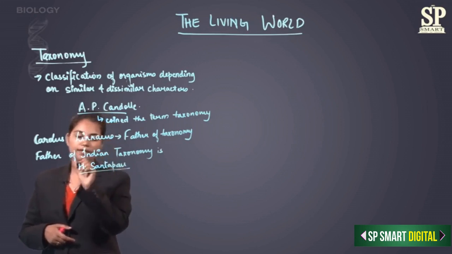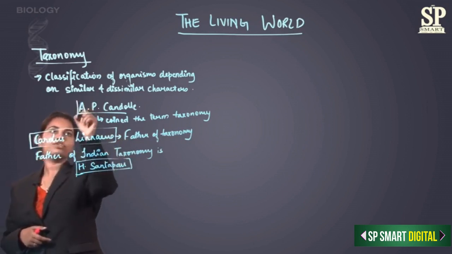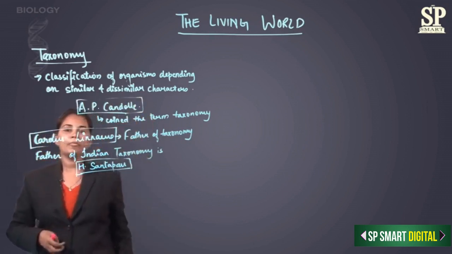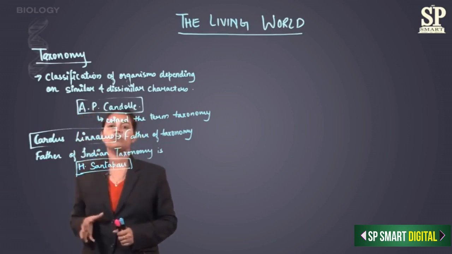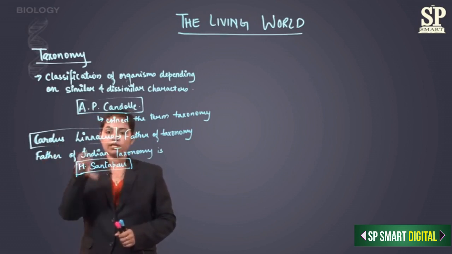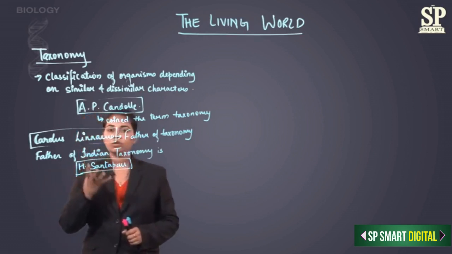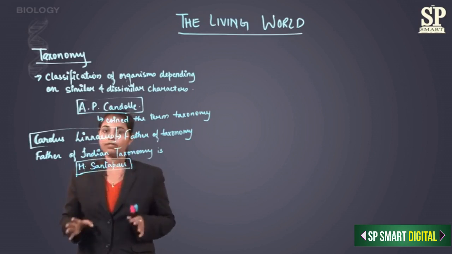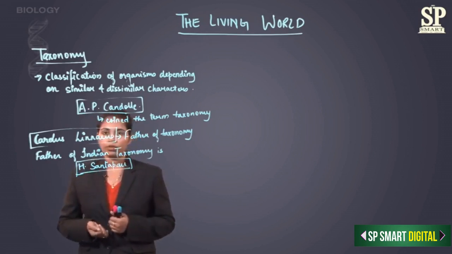Okay, so we have these three scientists in taxonomy: the term taxonomy was first coined by A.P. Candolle, the father of taxonomy is Carolus Linnaeus, and the father of Indian taxonomy is H. Santapau. So basically, taxonomy is classifying the organism based upon the similar or dissimilar characteristics it is sharing with the group.